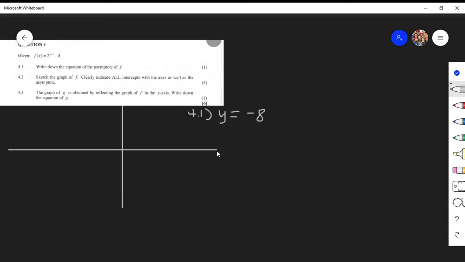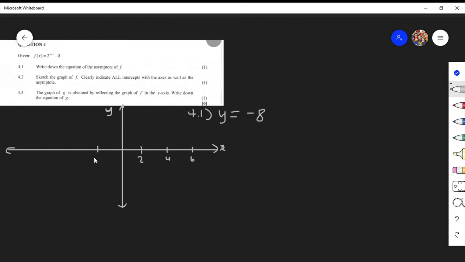Okay, so now we've got our x-axis and our y-axis. We can make this 2, 4, and 6.